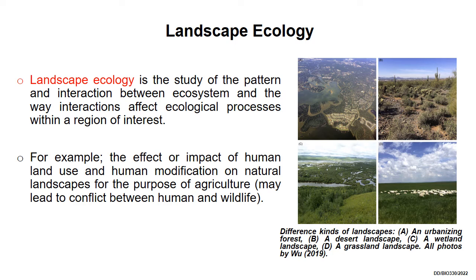For example, the effect or impact of human land use and human modification of natural landscape for the purpose of agriculture. We always hear about the conflict between human and wildlife. Let's say, for example, elephants in the forest attack the agriculture area. That is one example of landscape ecology, interaction between ecosystems.